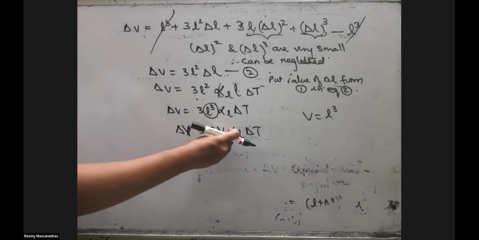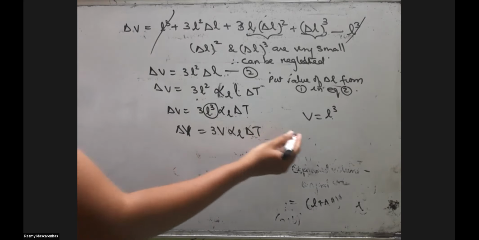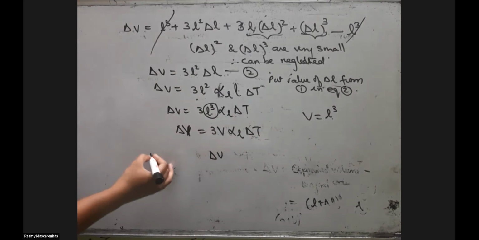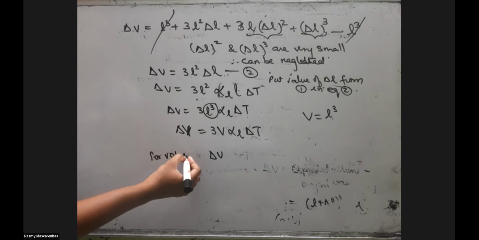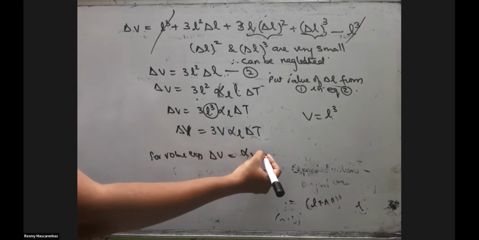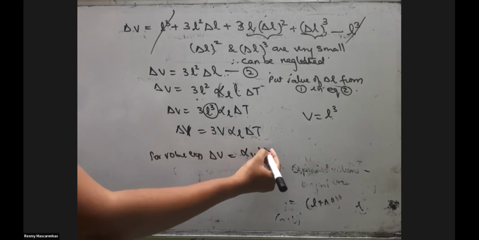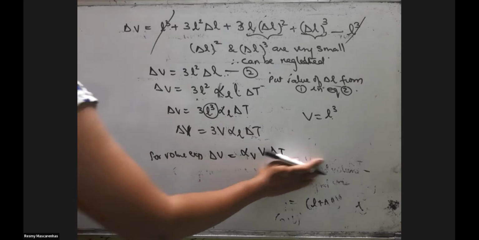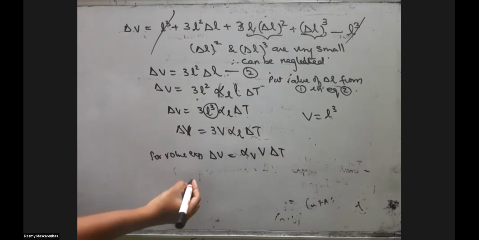Just put the value of delta V. What is delta V for volume expansion? We know that for volume expansion, delta V is nothing but alpha V into delta T. Just put it here.